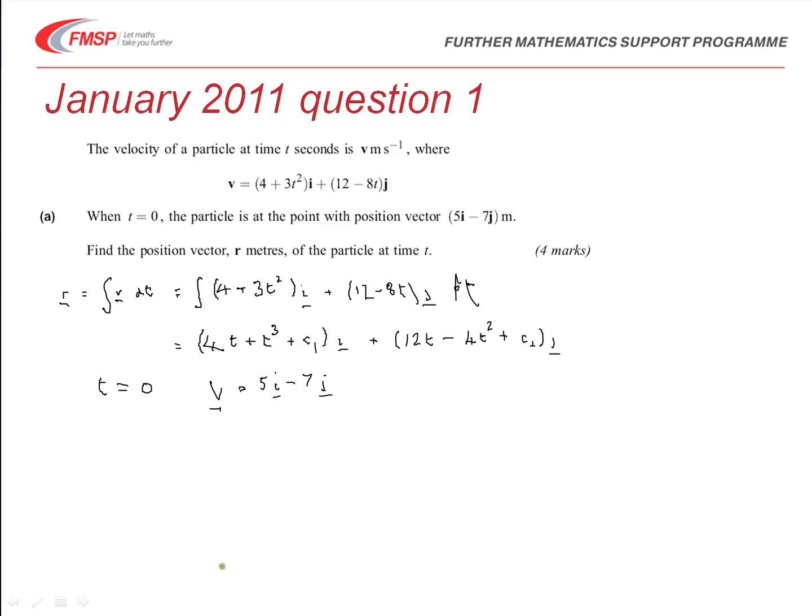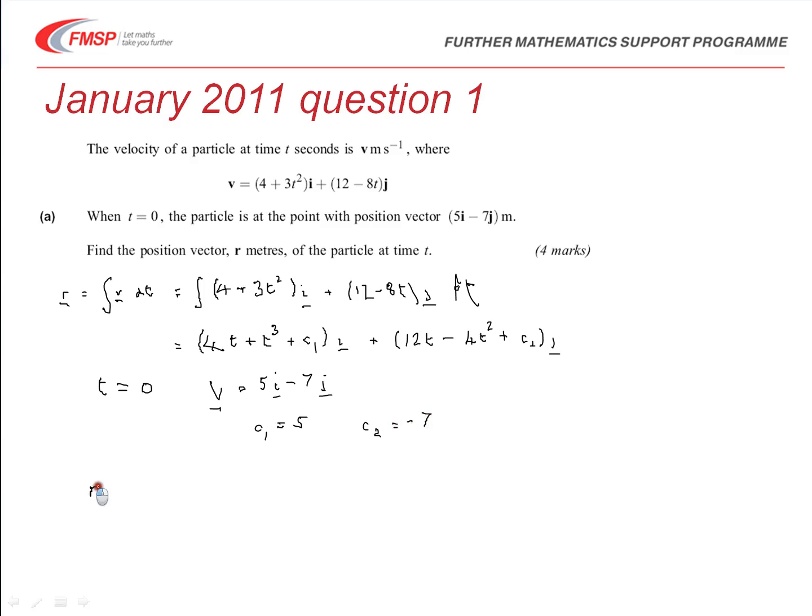So if we substitute t equals 0 into the expression above, all we get left with for the i's is c1, so c1 must be 5. Similarly, the 12t and the 4t squared are both 0, so that tells us that c2 will have to be negative 7.